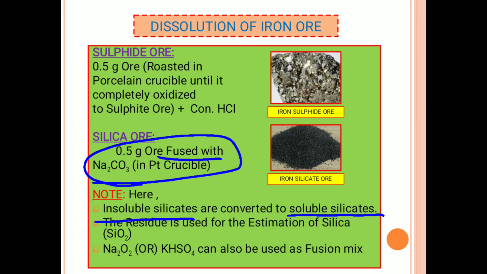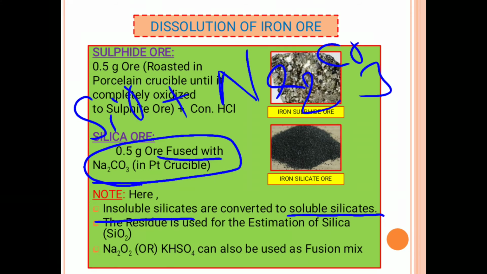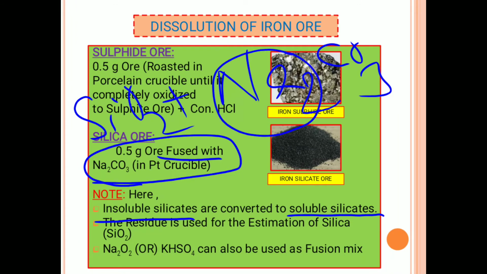Because if you add sodium carbonate to it, as the iron ore is in silica ore, then these sodium ions can combine with this silica to produce sodium silicate.